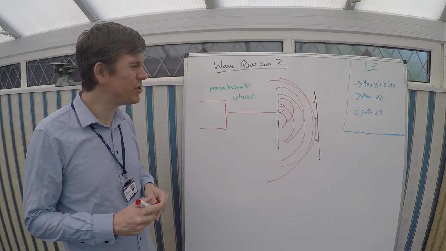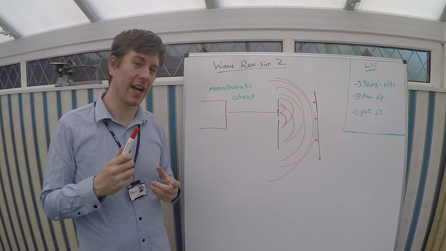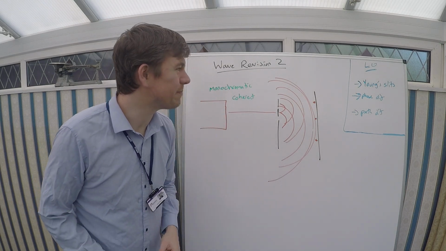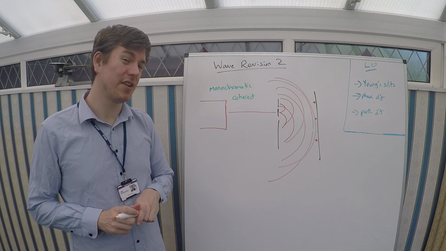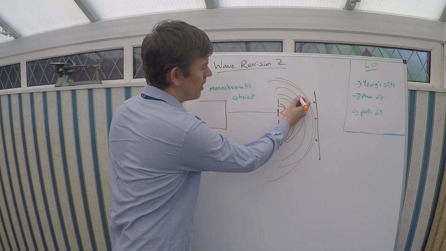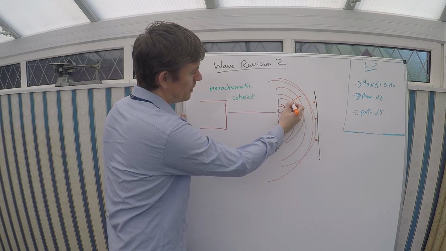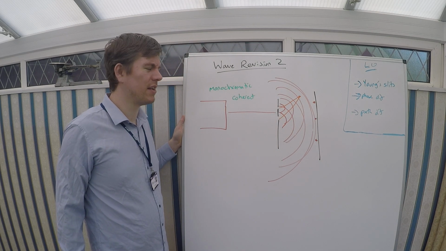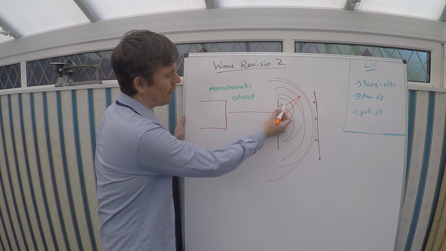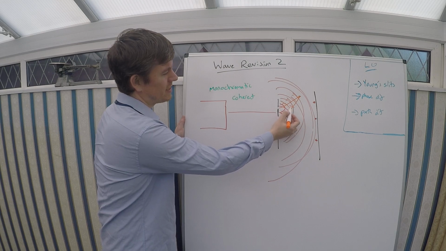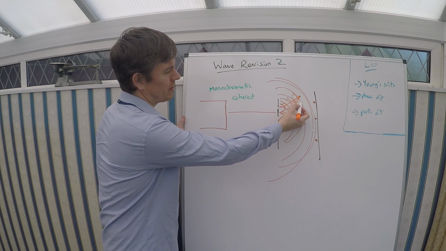So, how do you know if you're going to get constructive interference or destructive interference? The answer is by looking at your phase difference and your path difference. So we'll start with path difference. Let's consider a point over here. What you would do is draw a line to both of the slits, and then work out how many wavelengths each had gone through to get to that point.